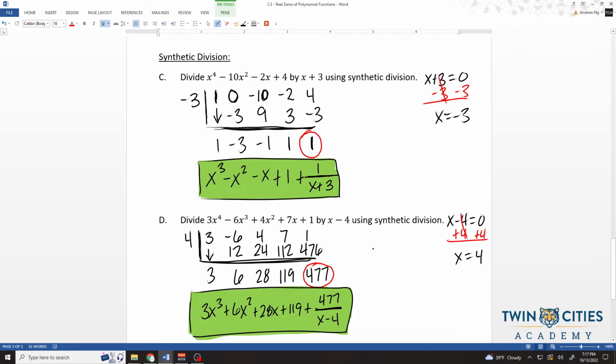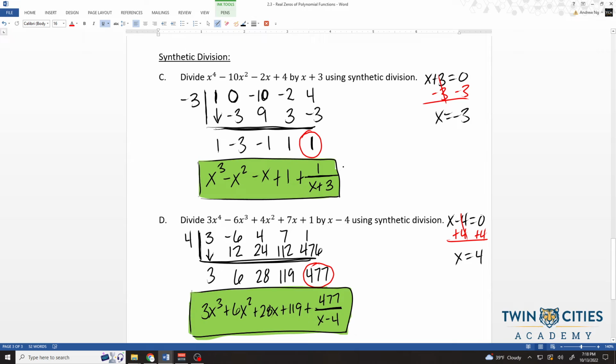It was also because I want to talk about what's called the remainder theorem for a little bit. And that says that if a polynomial, f of x, is divided by x minus k, then the remainder, r, here's my remainder, is the same as f of k.